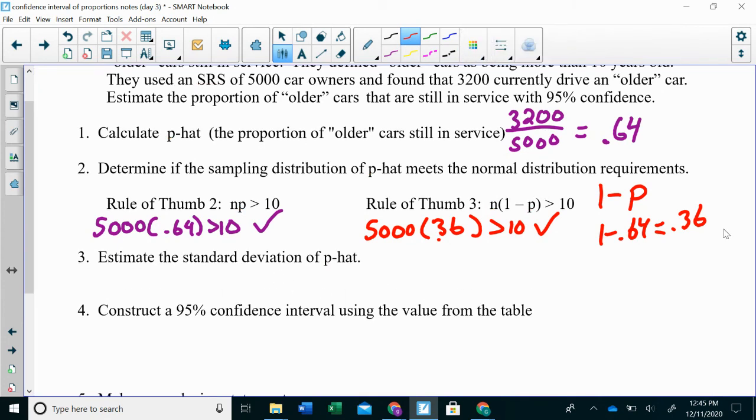Estimate the standard deviation. Now we get to that square root formula. Our square root formula will be 0.64 in the numerator times 0.36 in the numerator divided by our sample size of 5,000. So that standard deviation with the square root formula is .0068.